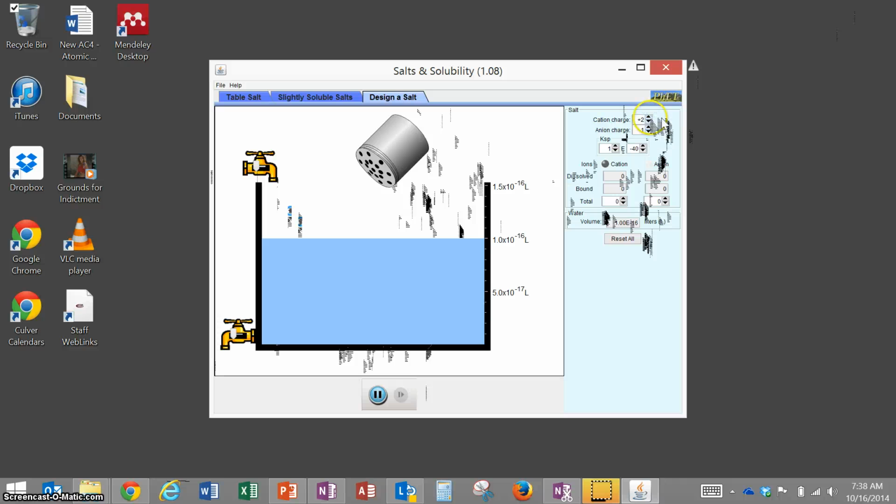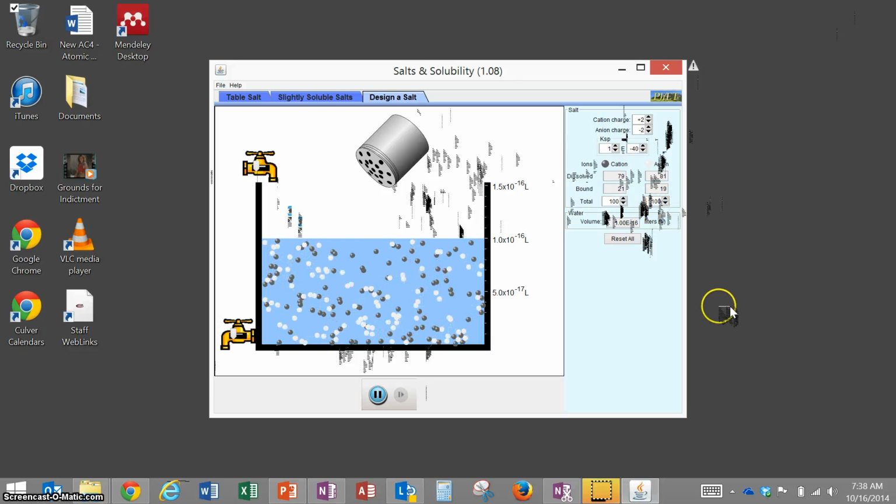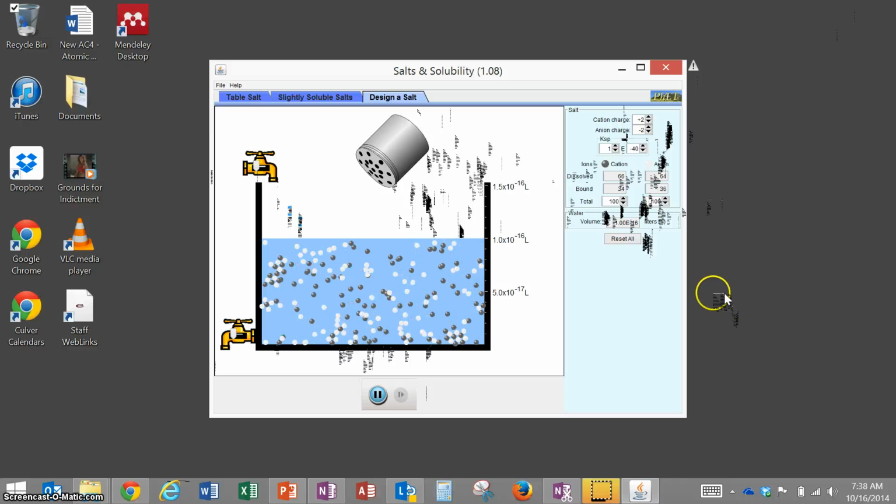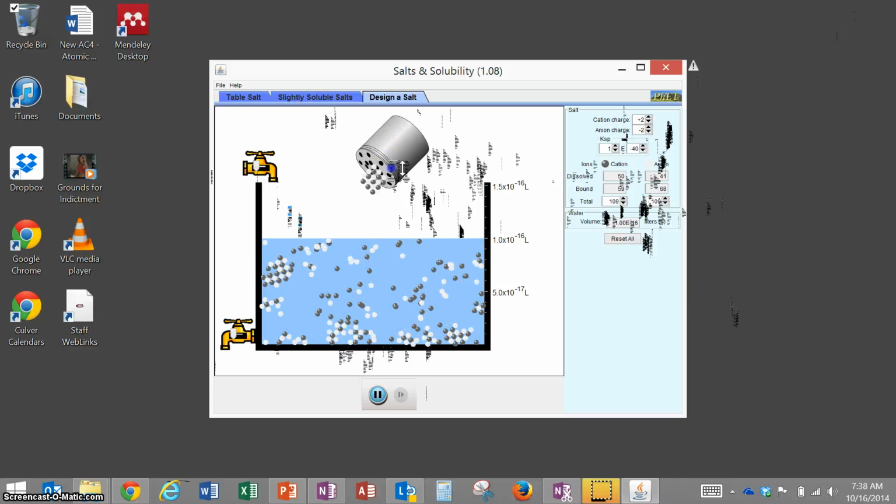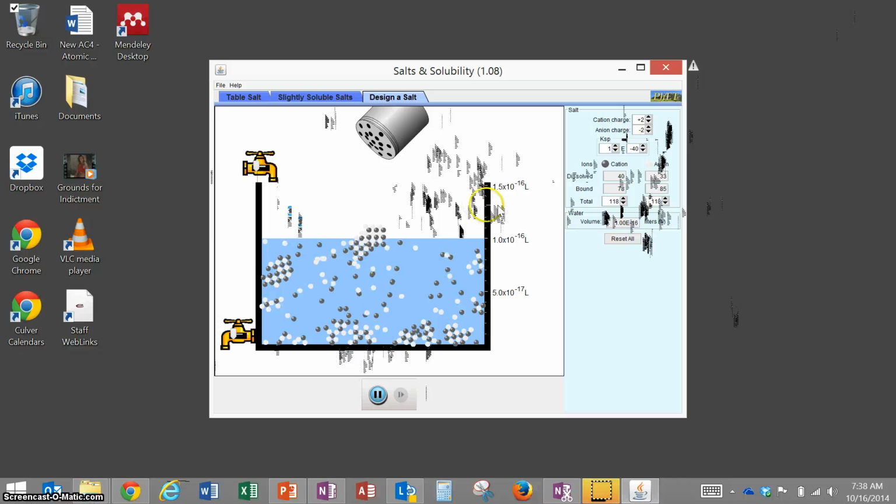Oh, hang on, 2 minus 2, and 100, and 100, that's kind of crazy. This is what a salt may look like that's not really soluble. We'd have crystals all over the place. These are like the solutions that you saw back in the lab.